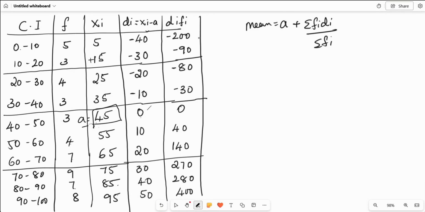Add the negative numbers separately, positive numbers separately. So how much will you get? 200, 90, 80, 30. 400 you will get. So this is minus 400.